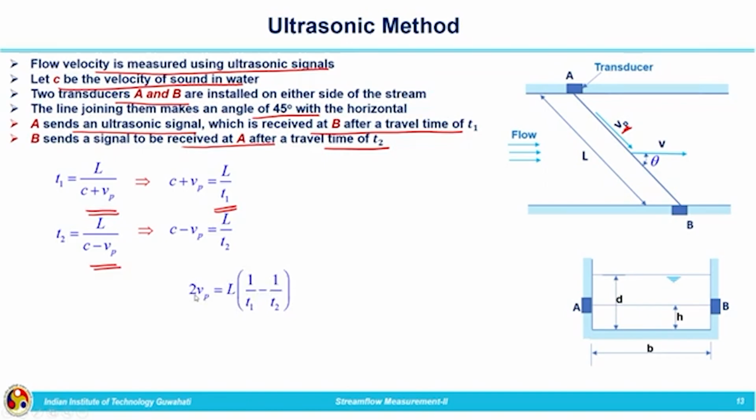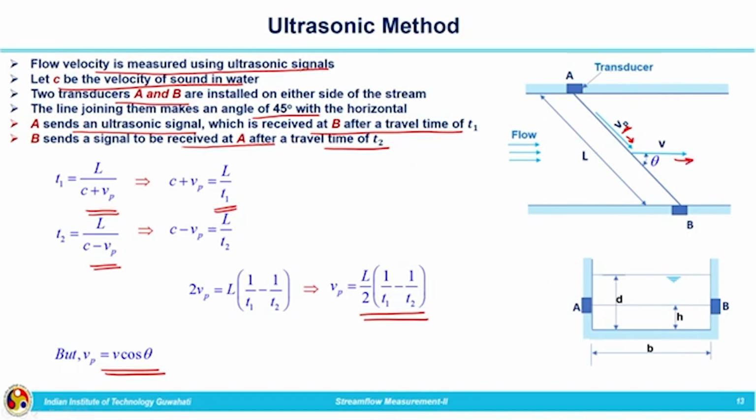Now, we subtract the second equation from the first equation. We get 2 Vp is equal to L multiplied by (1 by t1 minus 1 by t2), and Vp can be written as L by 2 multiplied by (1 by t1 minus 1 by t2). But we know Vp is V cos theta. Vp is in this direction and V is along the flow direction.